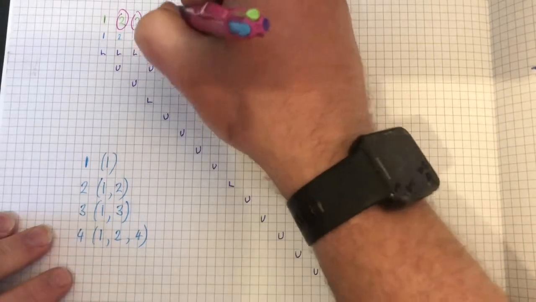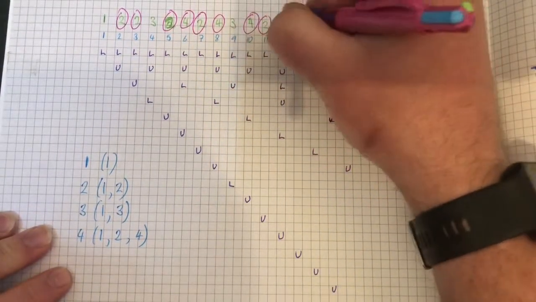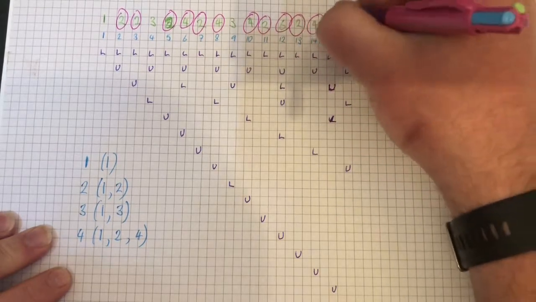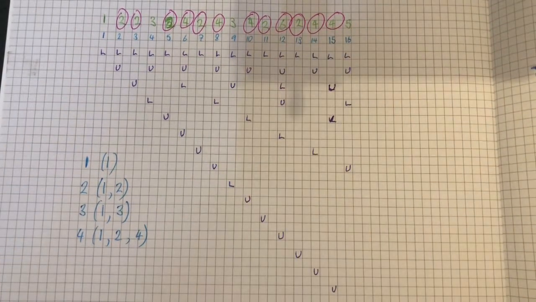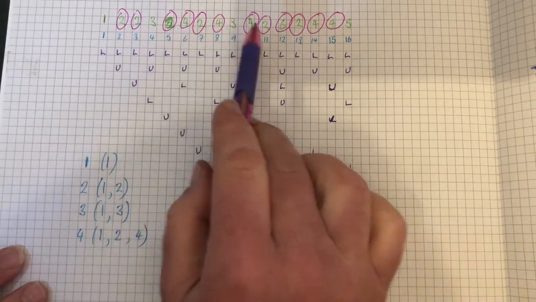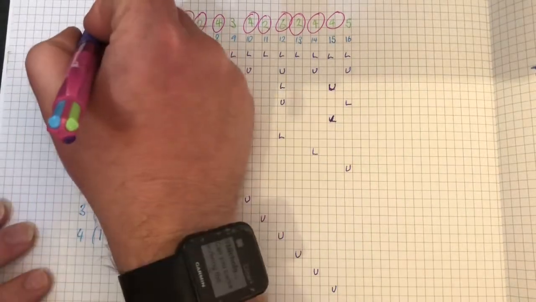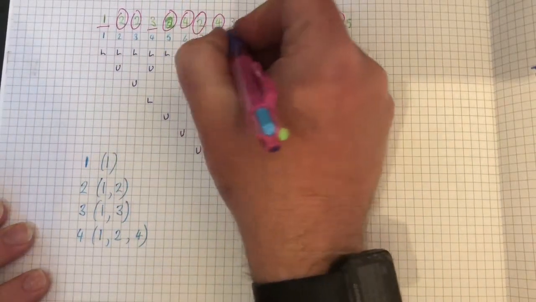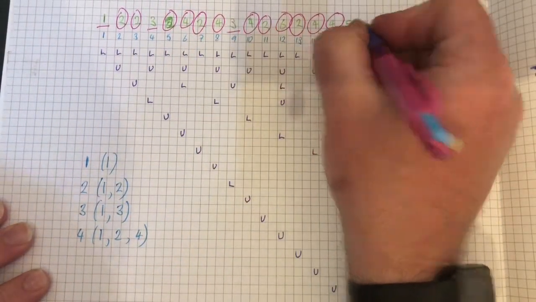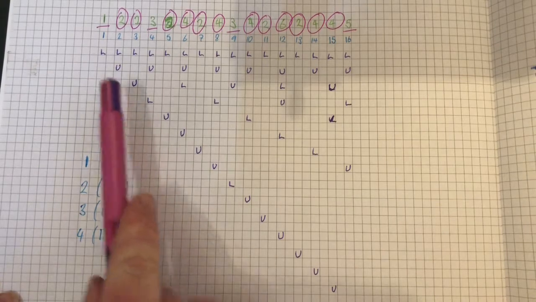So that is unlocked, that's unlocked, that's unlocked, unlocked. Now, every number that I have put a circle around there, you will notice, is an even number. Those that remain are all odd numbers. And those are the ones that are locked up at the end of the problem.